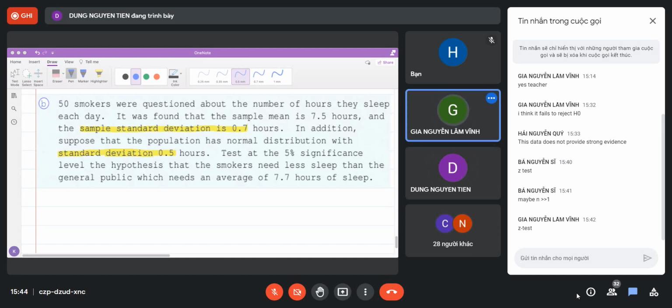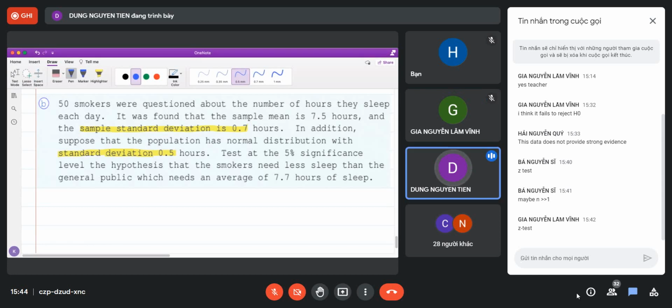Z-test, not t-test. In fact, you can use both. You can use t-test and z-test.